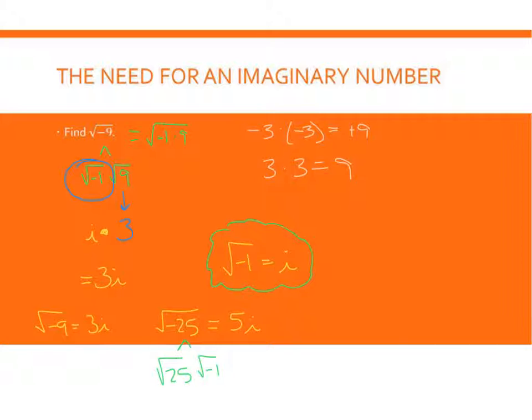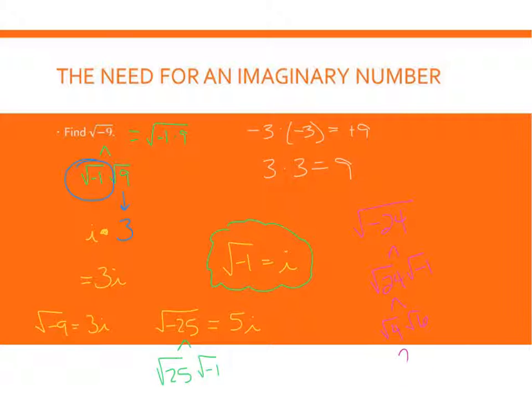Let's look at the square root of -24. So this is the square root of 24 and the square root of -1. But there's not a perfect square root of 24, so can we break down the square root of 24? Well, remember, one of those numbers needs to be a perfect square. So how about 4 and 6?